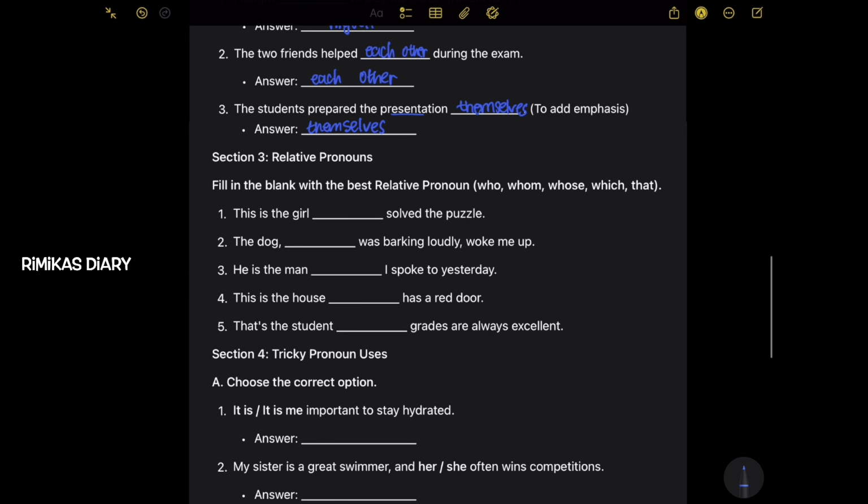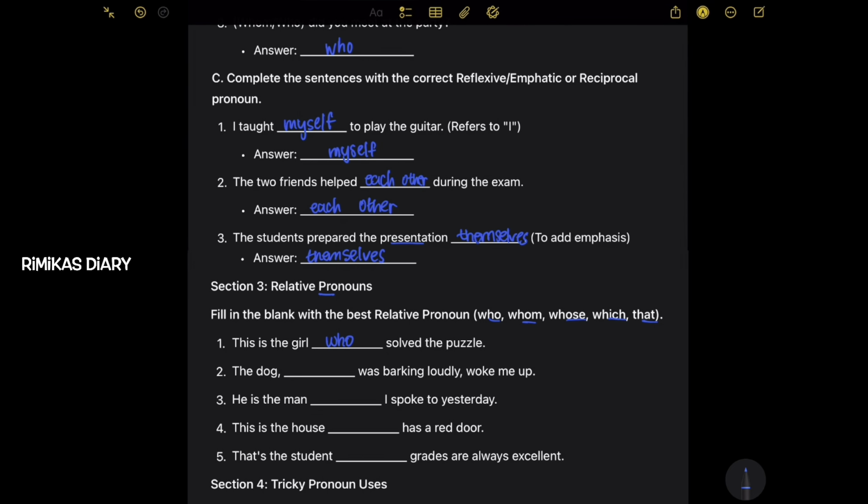Section 3, relative pronouns. Fill in the blanks with the best relative pronouns: who, whom, whose, which, that. This is the girl who solved the puzzle. Second question: the dog dash was barking loudly dash woke me up. So the dog, which was barking loudly, woke me up.